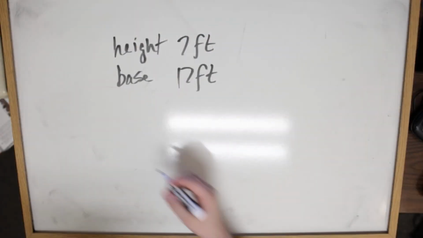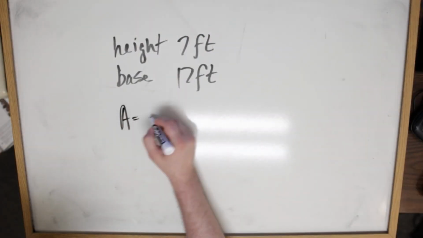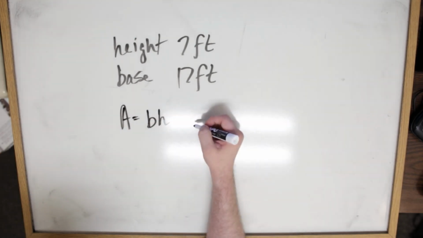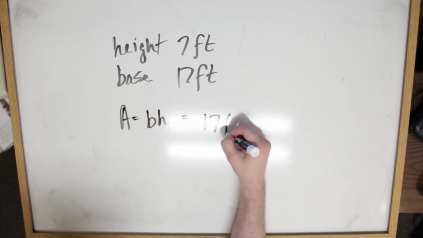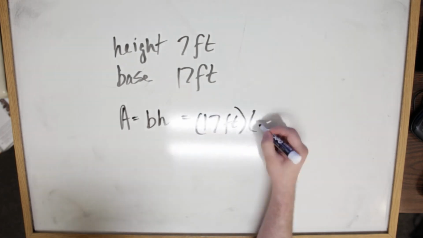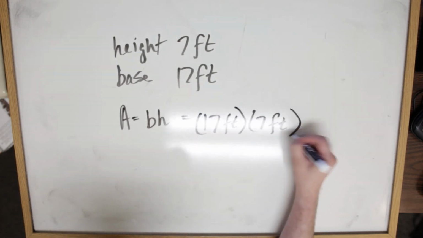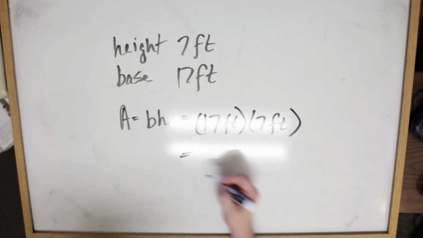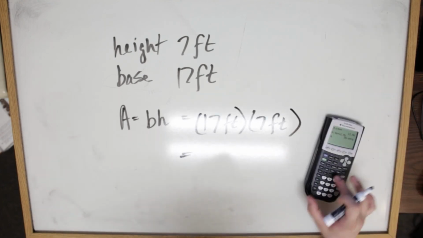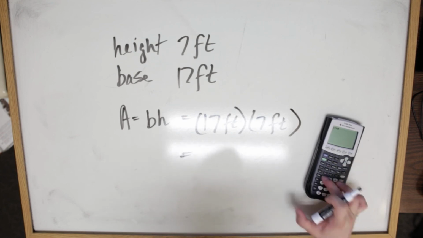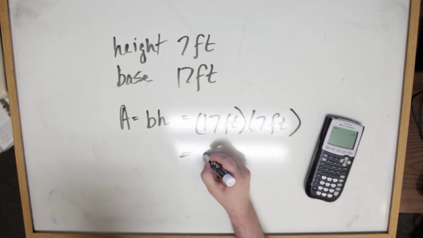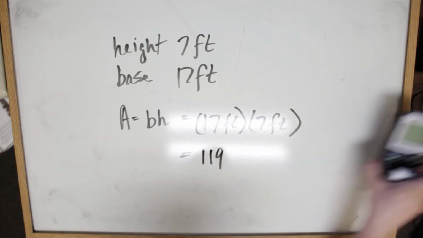So A is equal to B times H. So that's equal to, the base is 17 feet, and the height is 7 feet. When we multiply that out, I'm going to use the calculator because I know my limits. 17 times 7 is going to take way too long, and I just want to get it done.